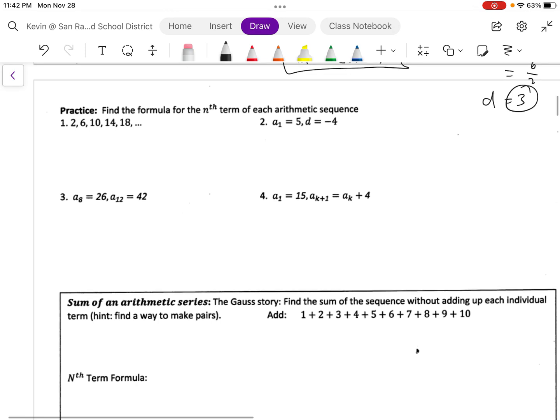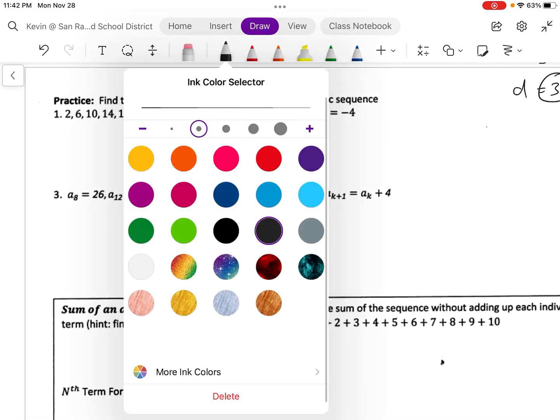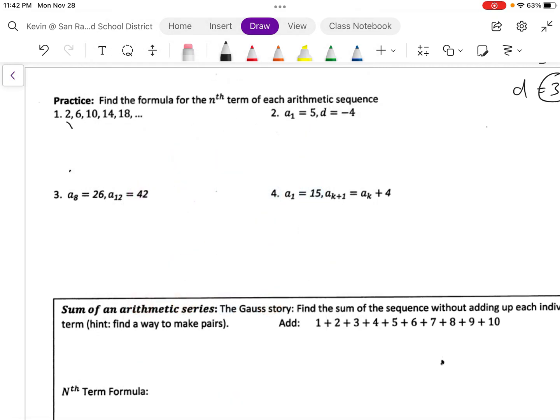Let's quickly look at a couple of these. So find the formula for the nth term. Well, 4, 4, 4, 4. So d equals 4. a sub n equals a sub 1 plus n minus 1 times d.